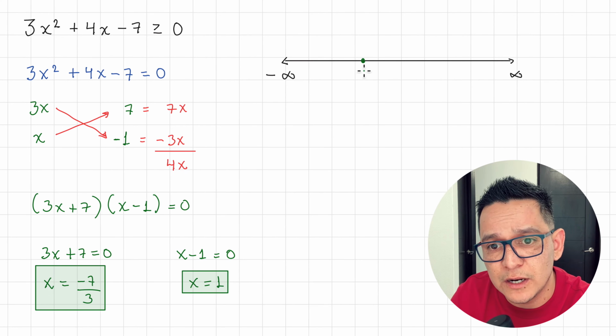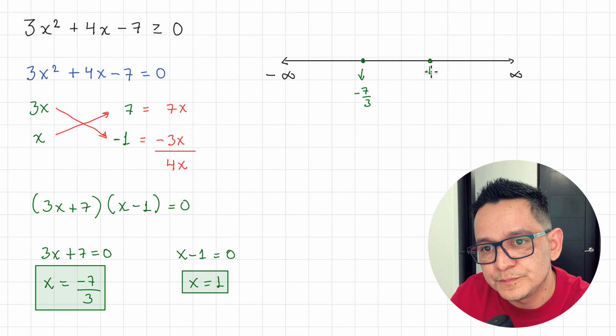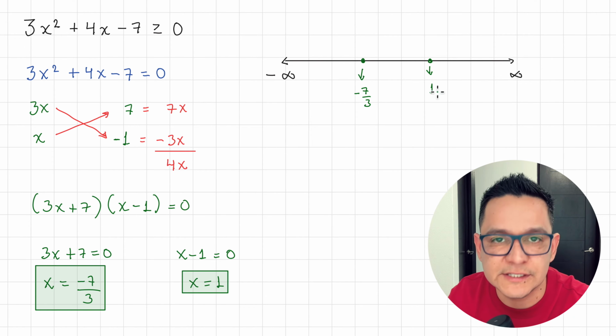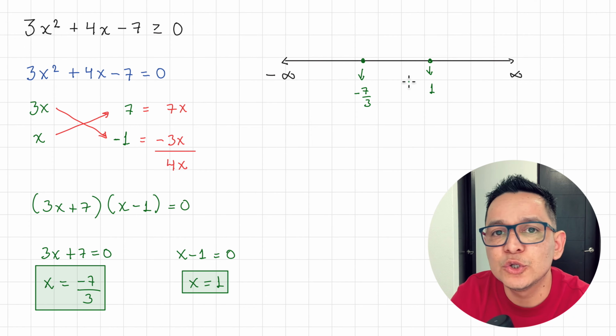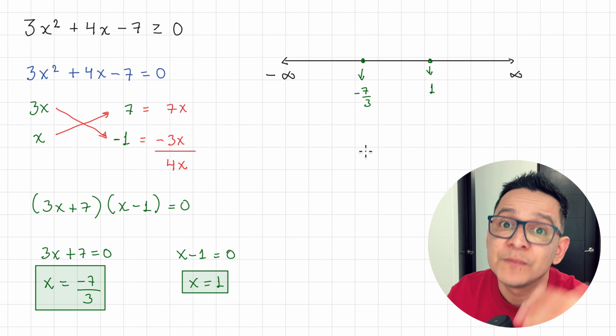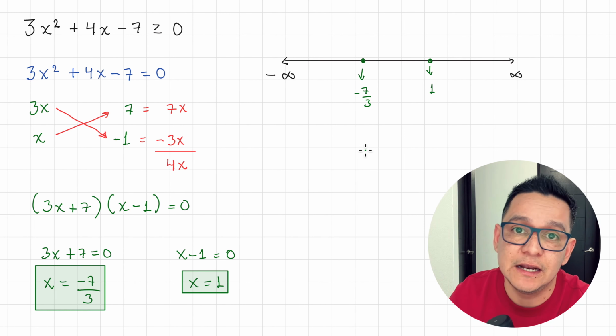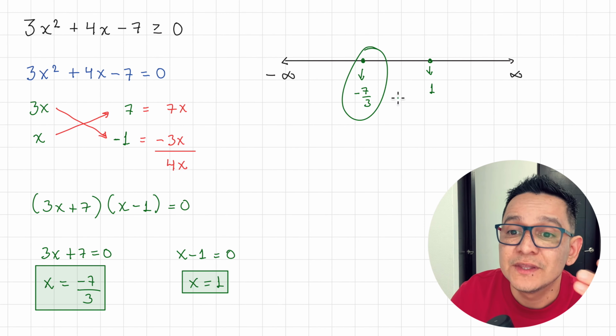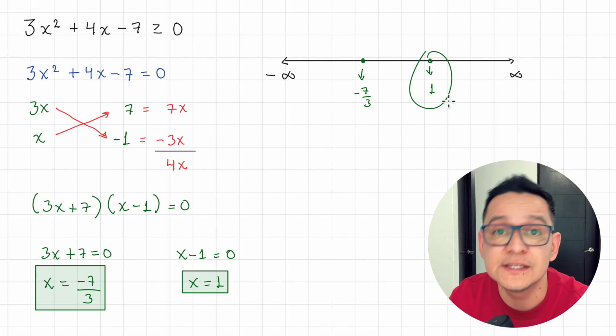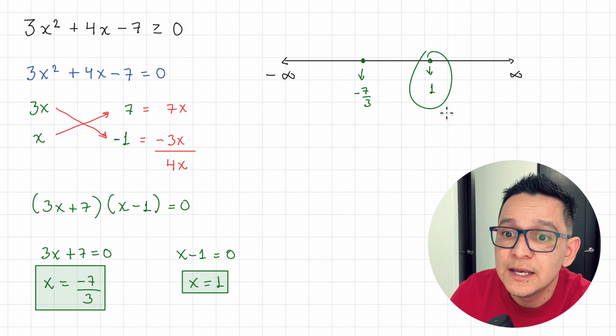I could put negative 7 over 3 here, and over here I'm going to put, for example, 1. It really doesn't matter where I'm placing them, because I don't really have any other point of reference. It's important that we place negative 7 over 3 to the left of 1, since negative 7 over 3 is less than 1.